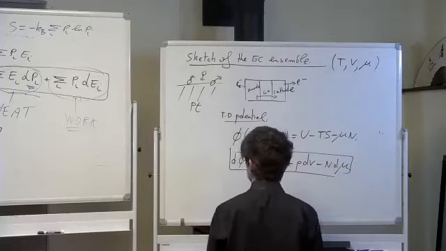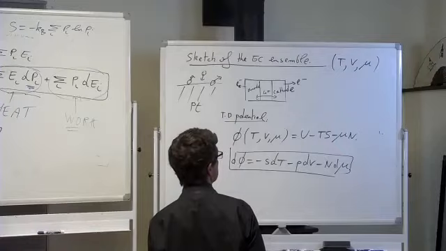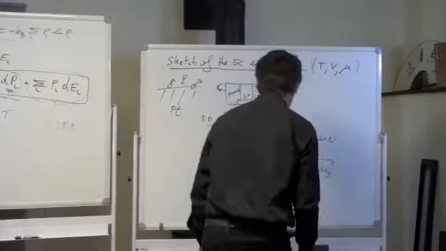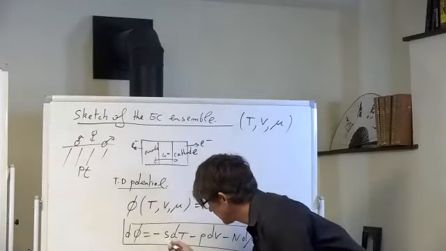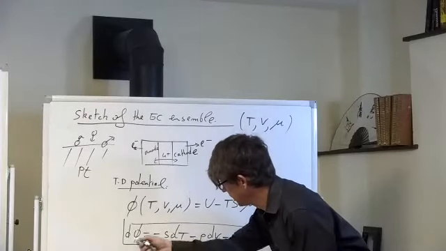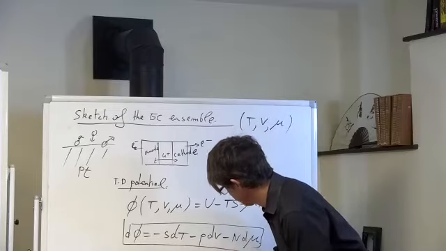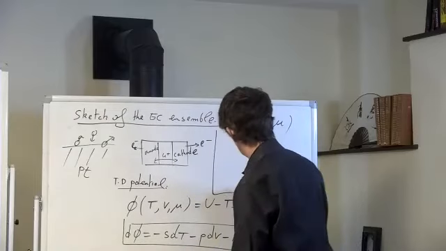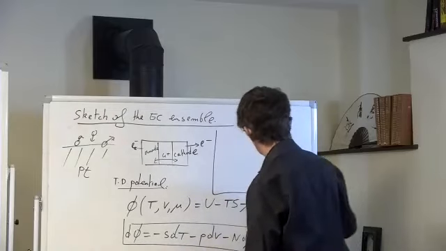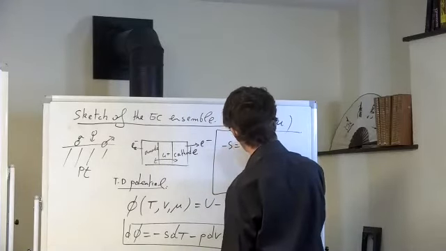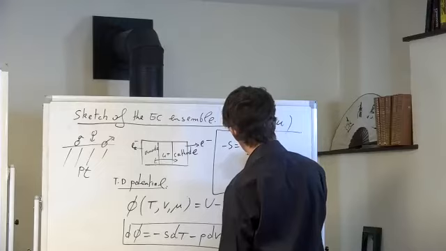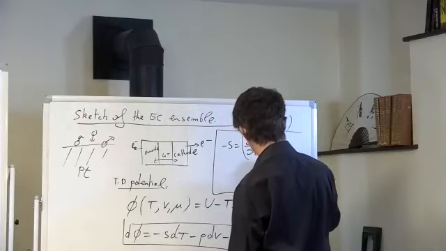And then you could calculate thermodynamic relations from this, right? Because you know that S is the first derivative of this with respect to that. P is the first derivative. Minus S would be d phi dT at constant V and mu.